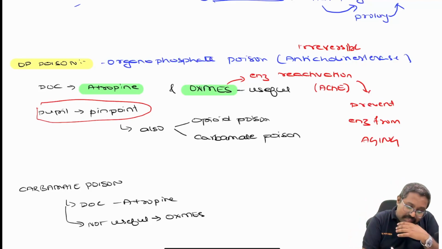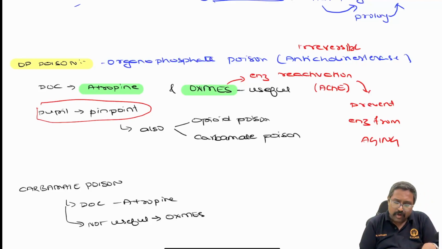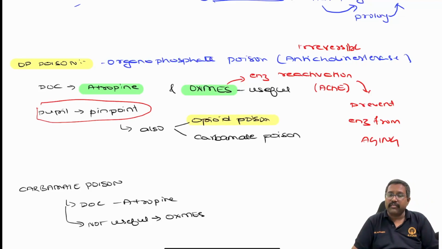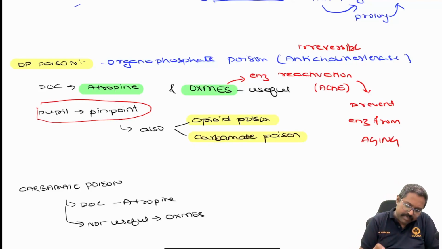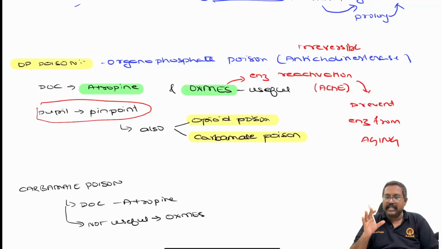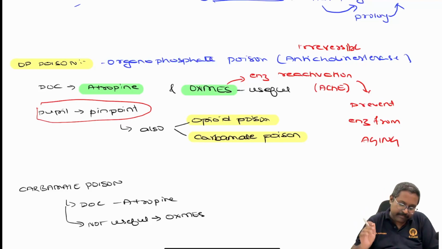Opioid poisonings like morphine poisoning, etc., and carbamate poisoning. So please remember here, pinpoint pupil is seen with OP compound poisoning, opioid poisoning, and carbamate poisoning.